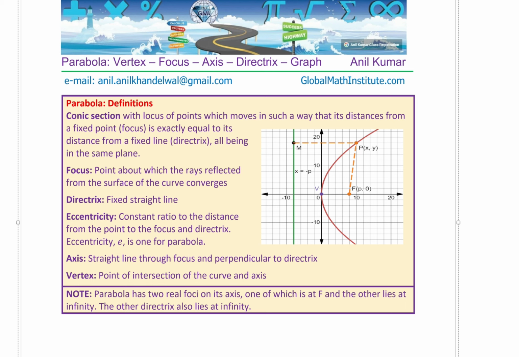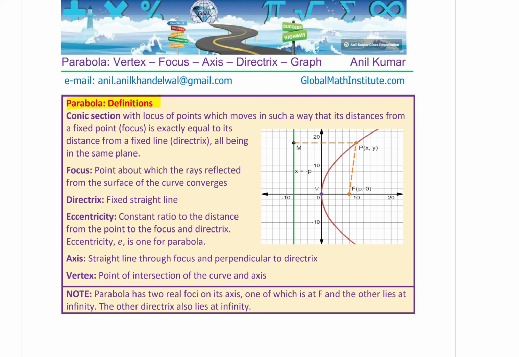Before we get into details, let us try to understand some basic definitions related to the parabola. As I said, it is a conic section with the locus of points which moves in such a way that its distance from a fixed point, the focus, is exactly equal to its distance from the fixed line, the directrix, all being in the same plane.